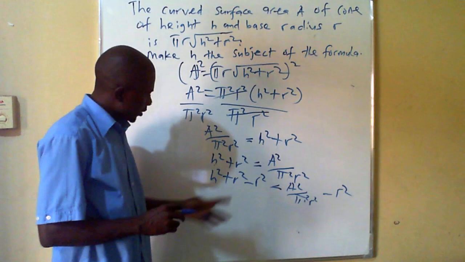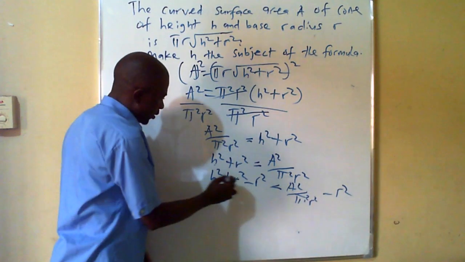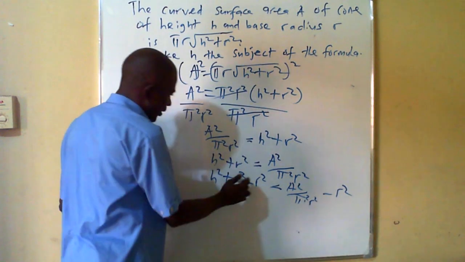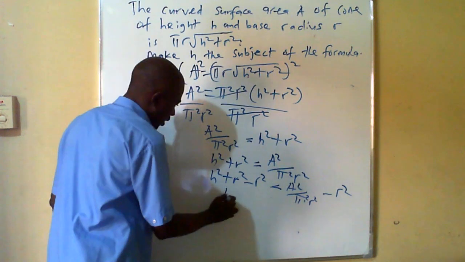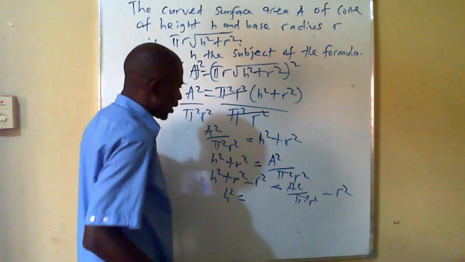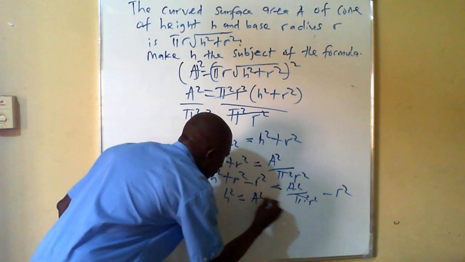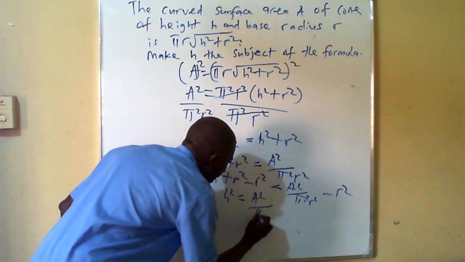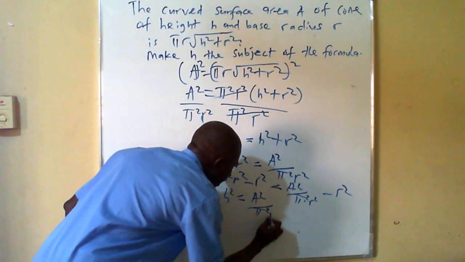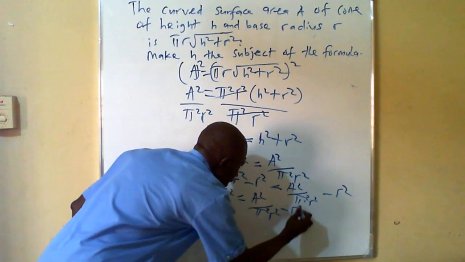When you do that, this takes care of this. So we now have h² is equal to A² over π² r², then minus r².